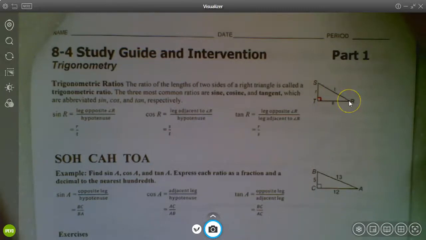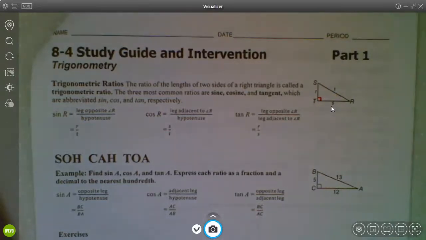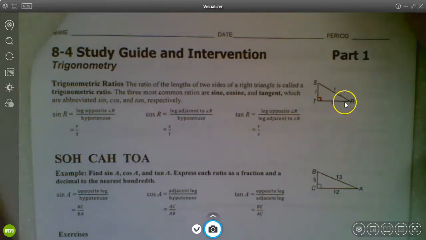When you look at this from the point of view of, let's just say you were standing here at angle R, well, that would make S the adjacent leg. Adjacent just means next to, right? So the adjacent leg to angle R would be S. The opposite leg would be R. And the hypotenuse is always the hypotenuse, no matter which angle you're looking at this from.